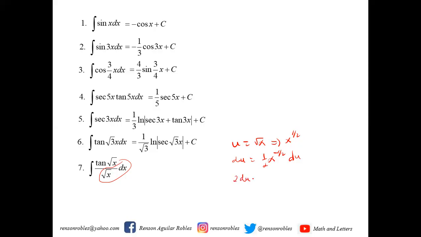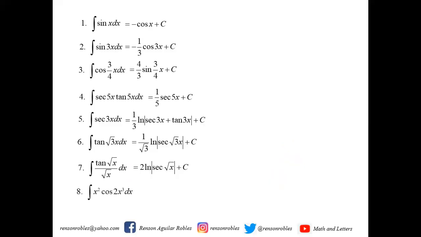So you have 2 du equals dx all over, since this is x raised to negative 1/2, when you get the reciprocal of that, you'll have x raised to 1/2 or square root of x. And therefore, this is equal to the integral of tangent square root of x, which is our u, and dx over square root of x is 2 du. Integrating, you have 2 ln of secant, then square root of x, and then plus c. So you have 2 ln of secant square root of x plus c.